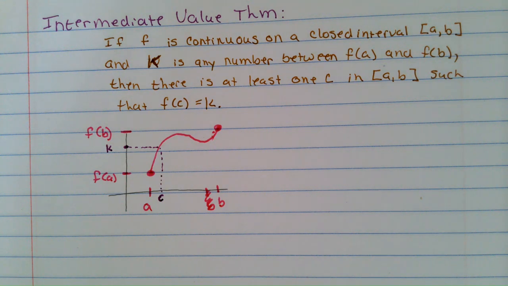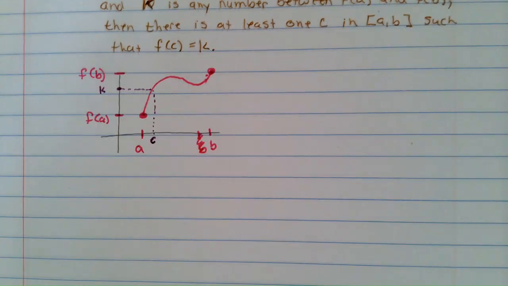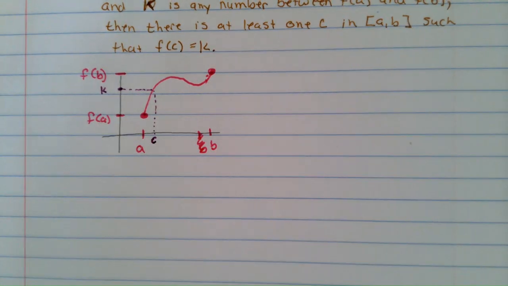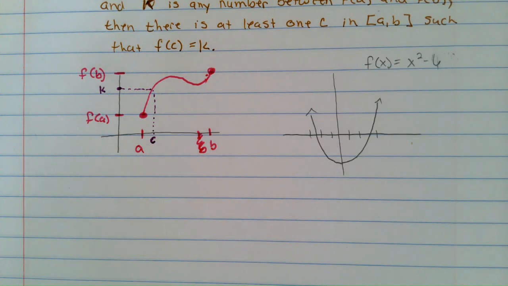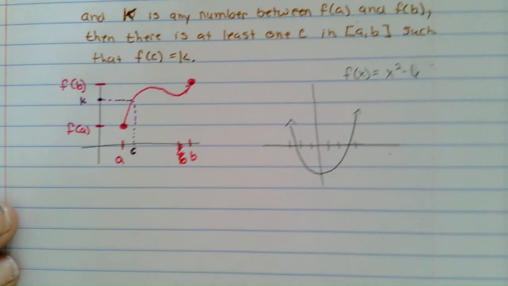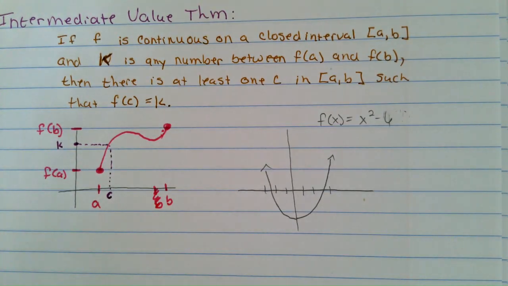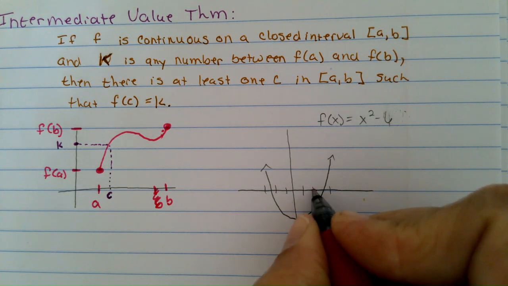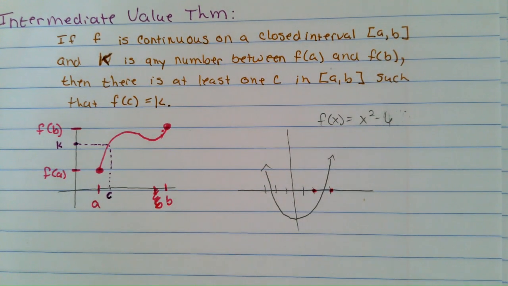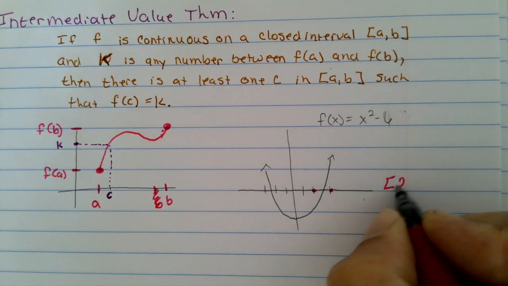Okay, so when have you used this? Well, normally, you're going to look at a graph like this. And let's find why we might have looked at this. Let's pick, in this particular instance, A is 2 and B is 3, right? So our closed interval is going to be 2 to 3.